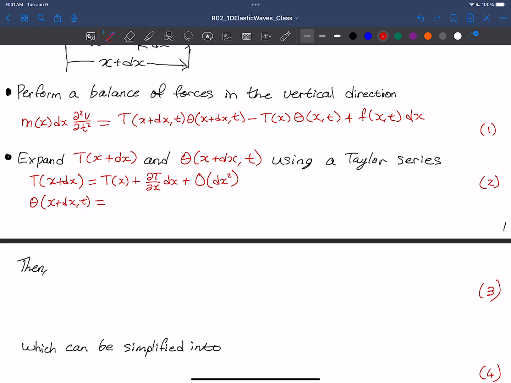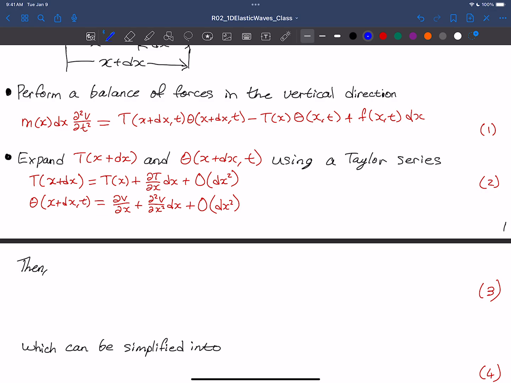This will be equal to, in fact, we're going to invoke that small displacement argument. So we're going to first have partial v over partial x plus partial squared v over partial x squared dx plus terms with dx squared or above.